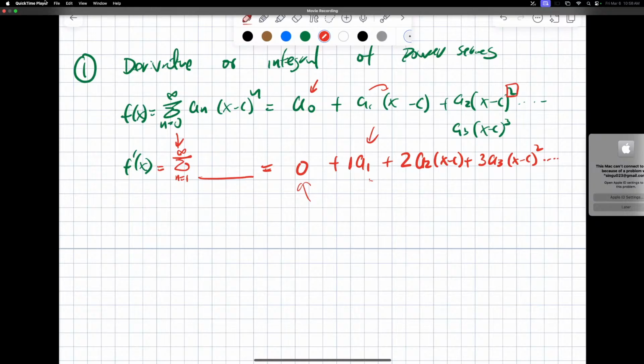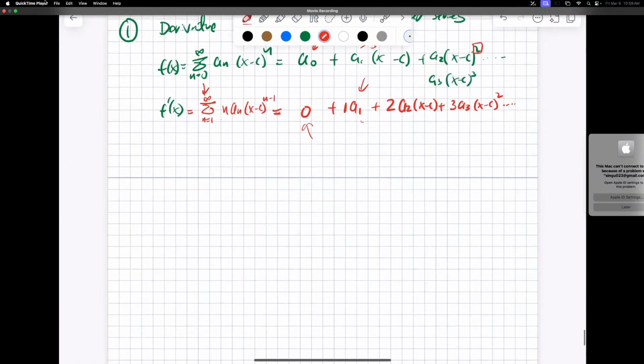This is n times a_n times (x minus c) to the n minus 1. Do you see why? This is the general power rule: you pull the n down once to derive, and subtract 1 from the exponent. The only thing different is that n starts at 1.